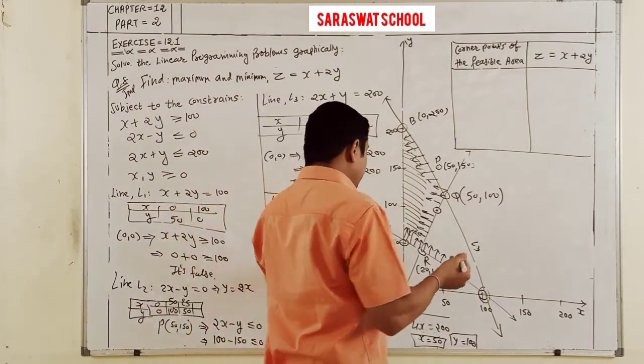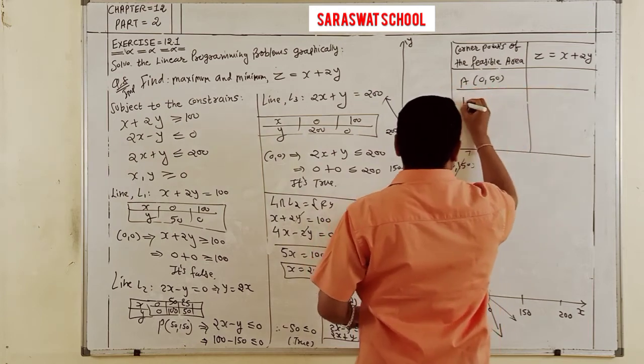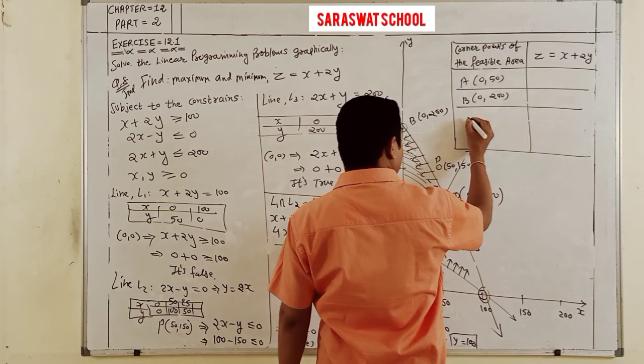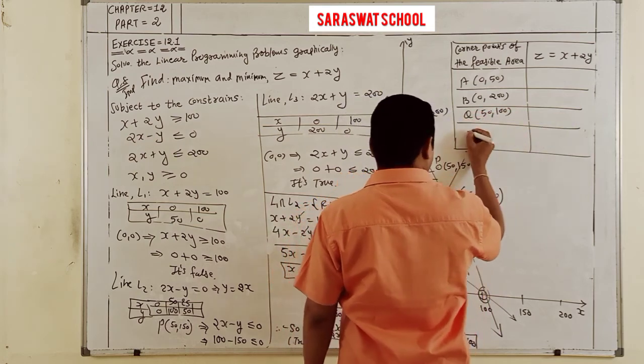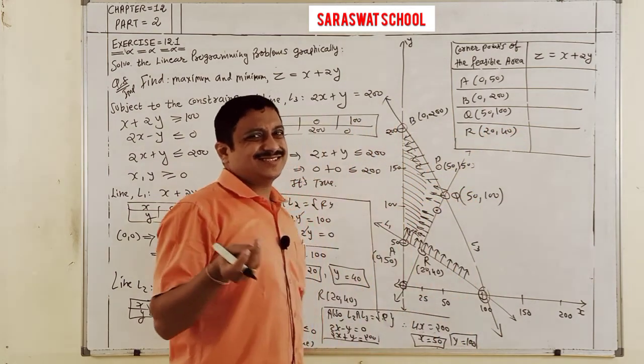So these corner points apply: A 0 50, B 0 to 100. Now Q 50 100 and R 20 40, and very easy, just put the values.